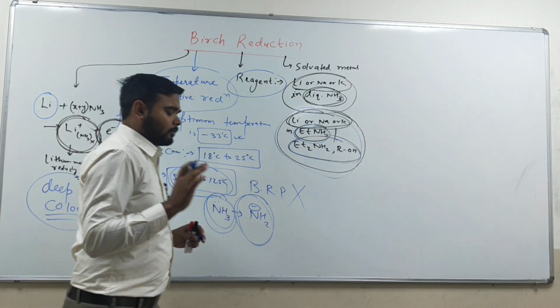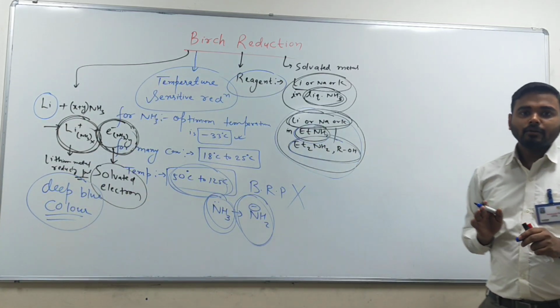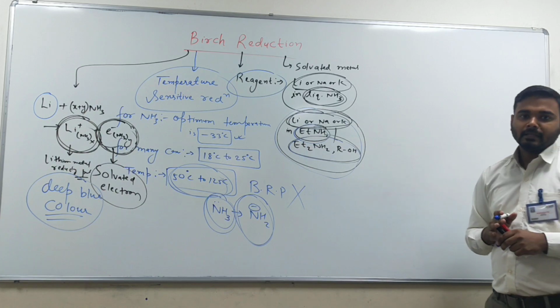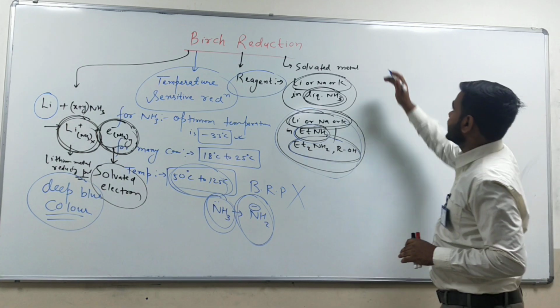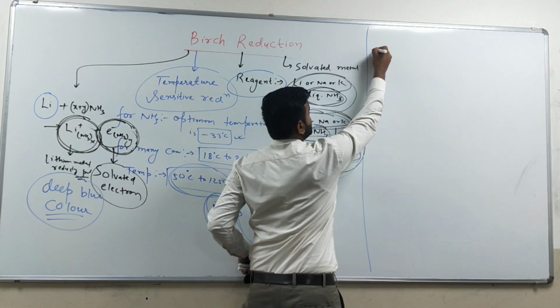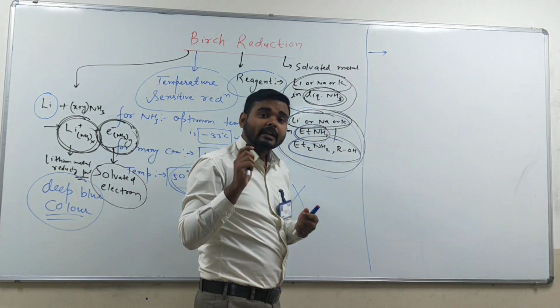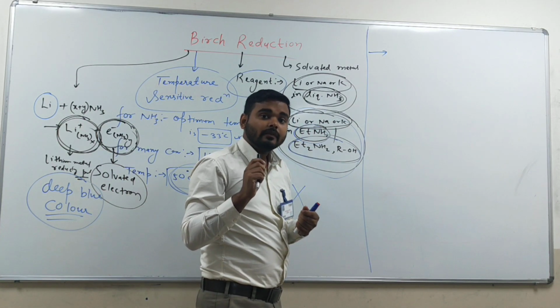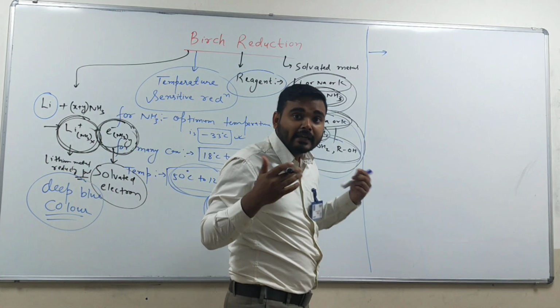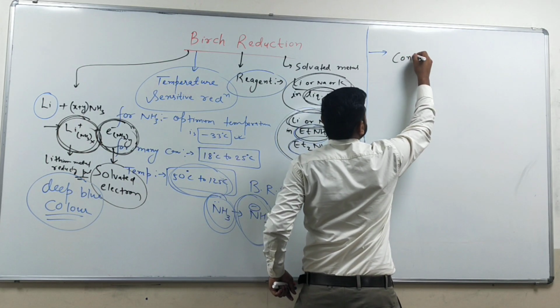One more point which I want to share with you: whenever Birch reduction comes to mind, you need to keep four things in mind. The first thing is that it will reduce the conjugated diene in a 1,4 fashion.